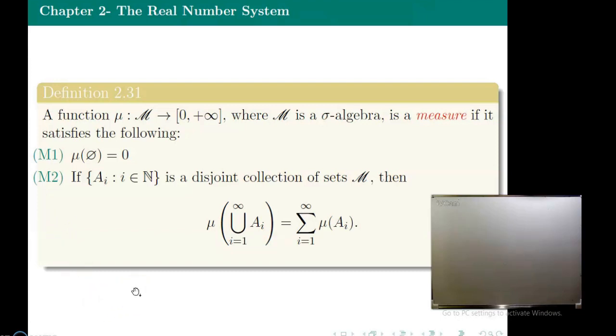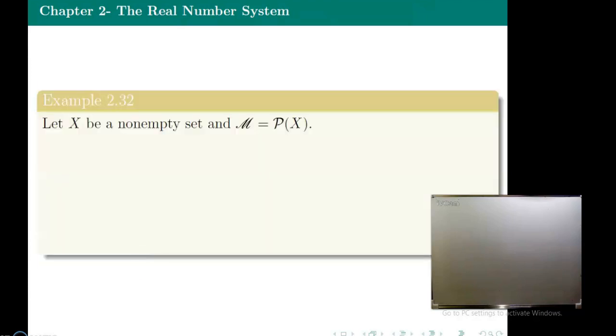So this function does not possess all the ideal properties. Now let's have here an example. Let X be non-empty set, and this domain here is equal to the power set of X, because we know that power set of X is a sigma algebra.